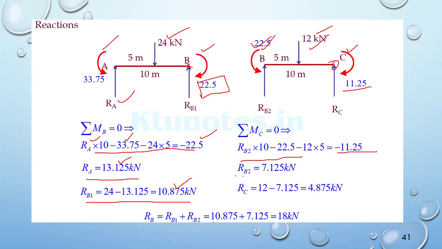So RB2 is equal to 7.125 kilonewton. RC is equal to the total load 12 minus 7.125, which will give you 4.875 kilonewton. The total reaction RB is equal to RB1 plus RB2, which is equal to 18 kilonewton.